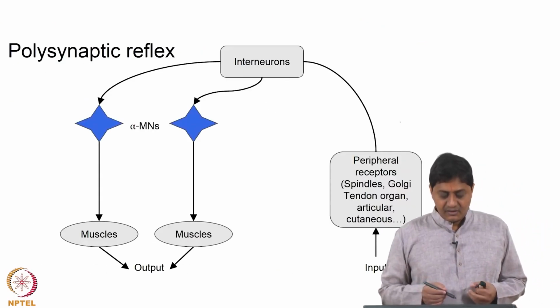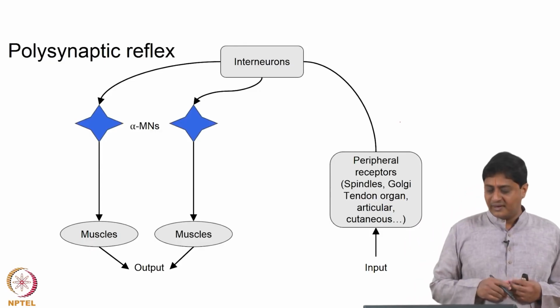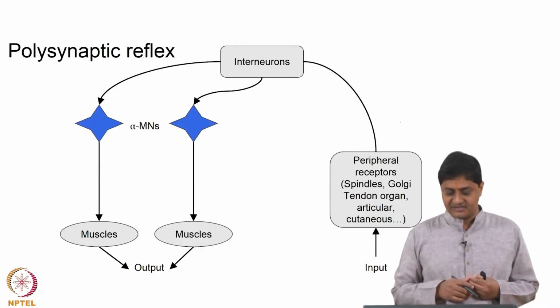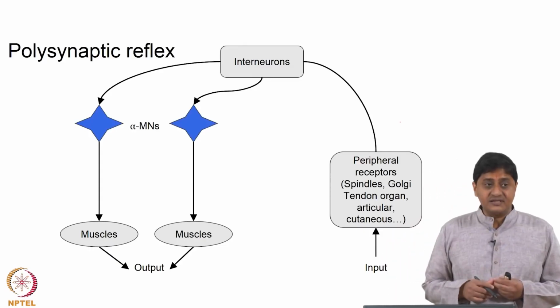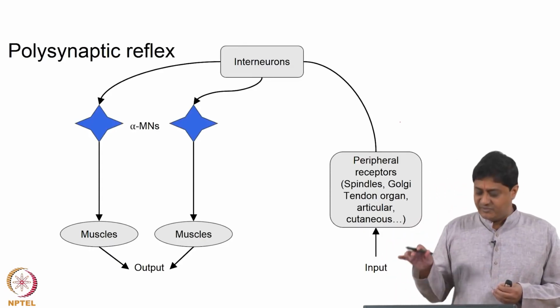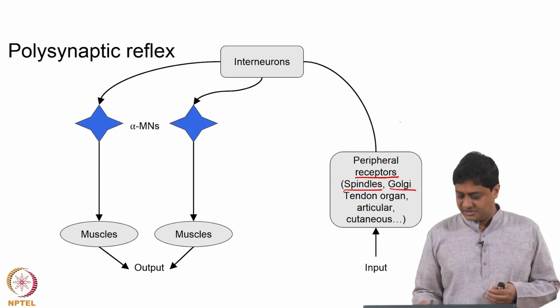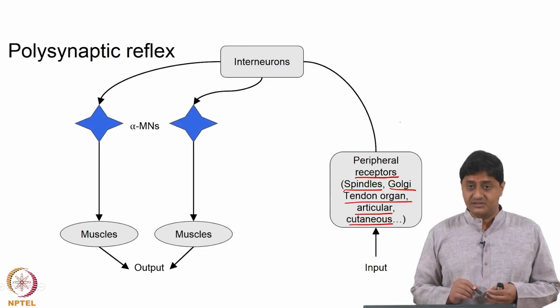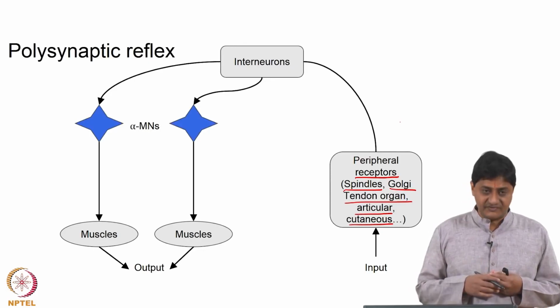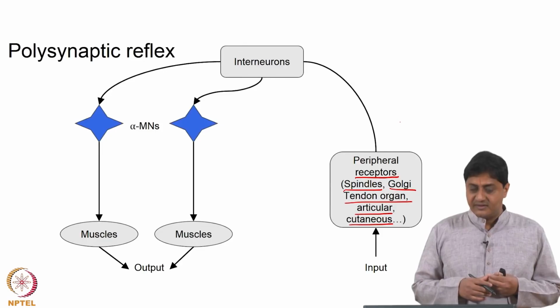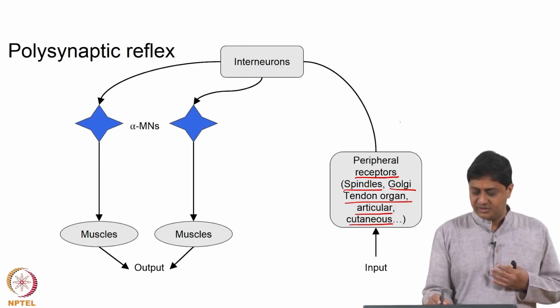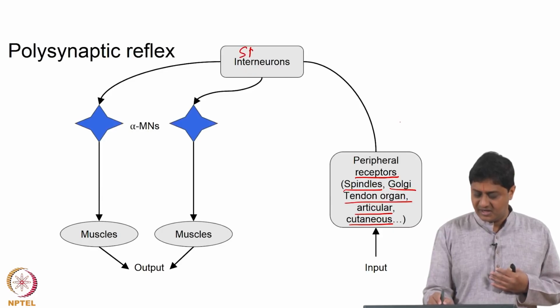Okay. Now, what happens in the case of polysynaptic reflexes? Now, what happens is that sensory information from receptors, actually this could be any number, spindles, Golgi tendon organs, articular receptors, cutaneous receptors, so many of these, too many of these send information to interneurons in the spinal cord.